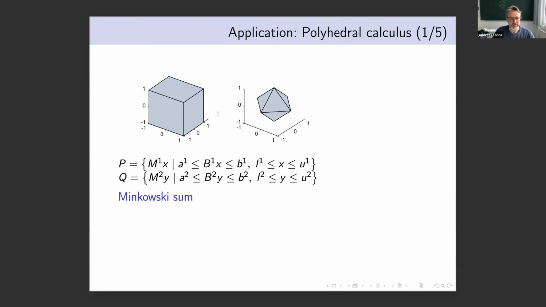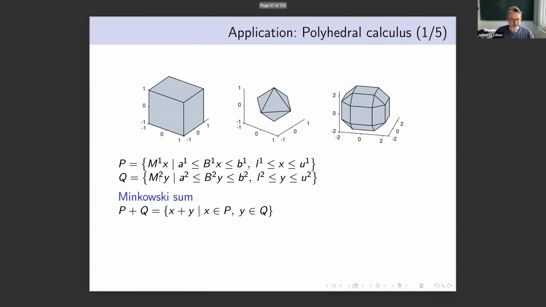This is called polyhedral calculus. The aim is to compute, for instance, the Minkowski sum of two polyhedra. And the idea is we start with P representations of the one and the other one, P and Q, and we want to compute this Minkowski sum here.